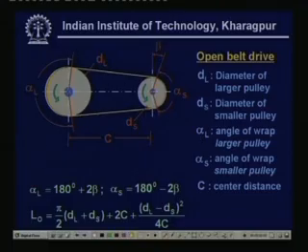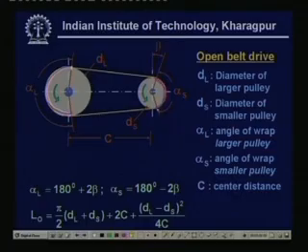You can see that when the belt goes over this one, from here to here a contact takes place over the pulley, and that angle we call alpha L. A similar situation holds for the smaller pulley, where alpha S is the angle in contact.